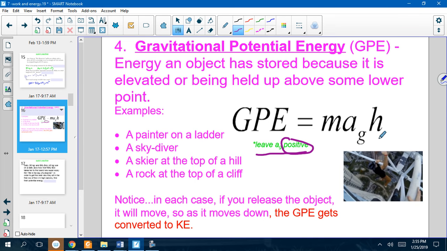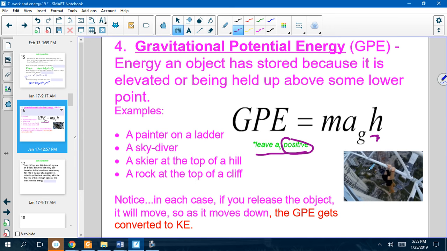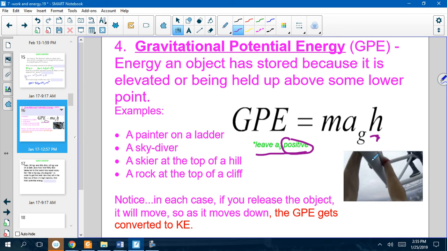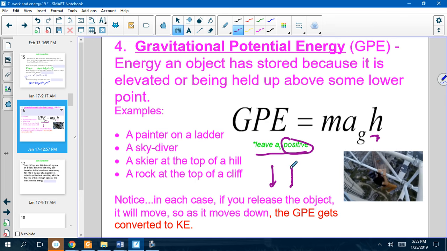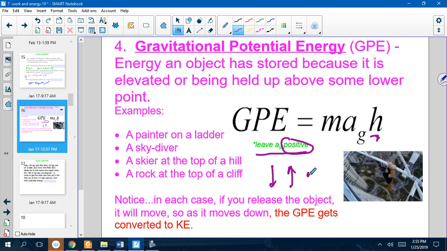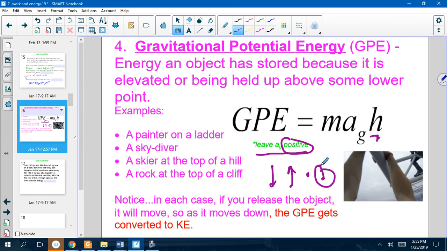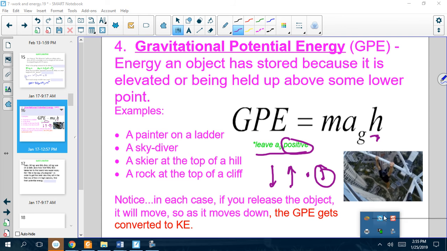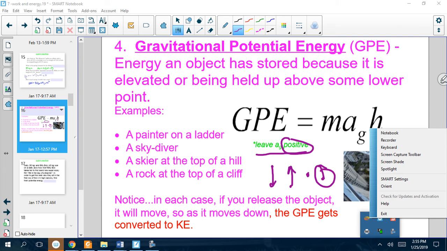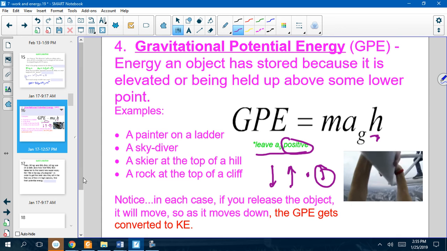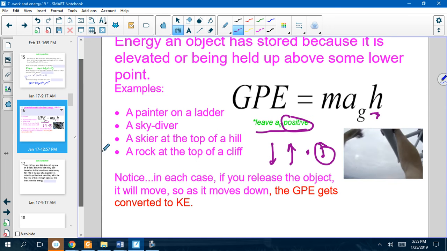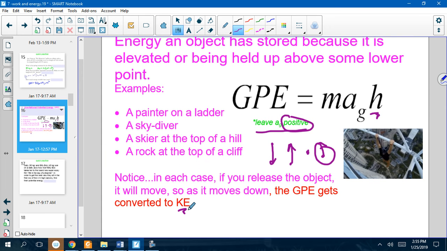That helps us deal with the whole height problem because you can really measure things from the top down, from the bottom up, or from the center of the Earth. In most cases, that potential energy then gets transferred into kinetic energy.